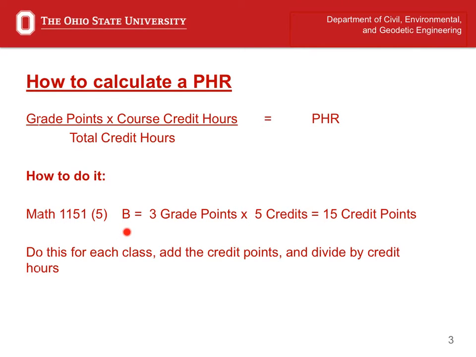If you get a B in that class, that is 3 grade points. Multiply your grade points by the credit hours in the class, and that gives you 15 credit points. Do this for each class, then add the credit points for all of the classes, divide that sum by the credit hours. Let's see what that looks like in practice.